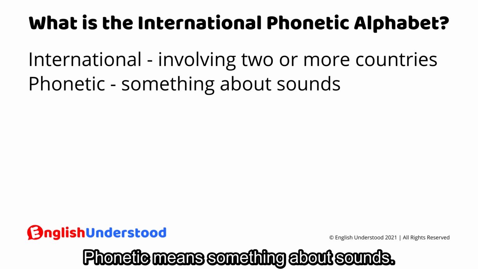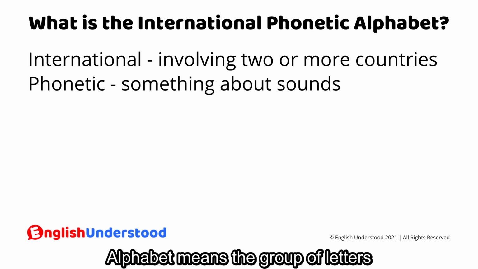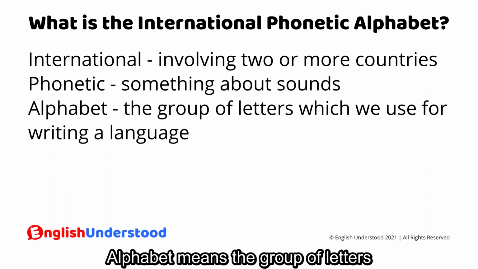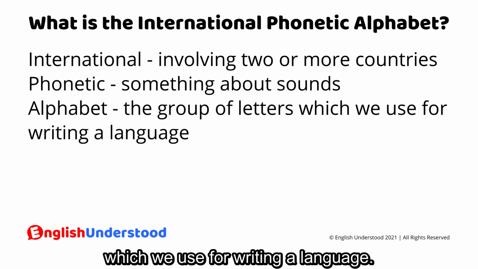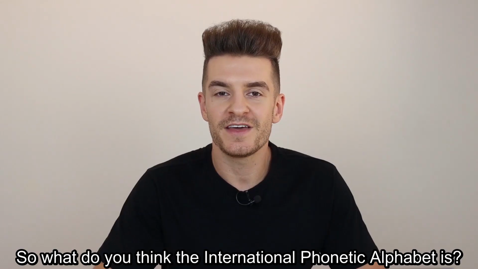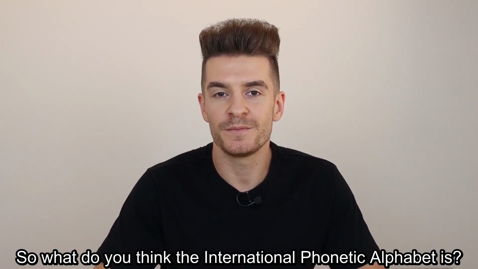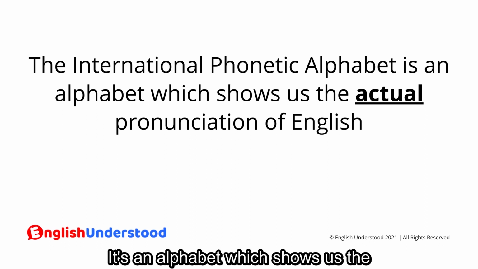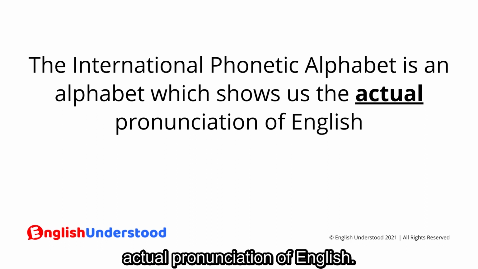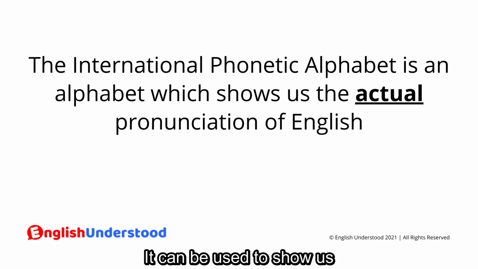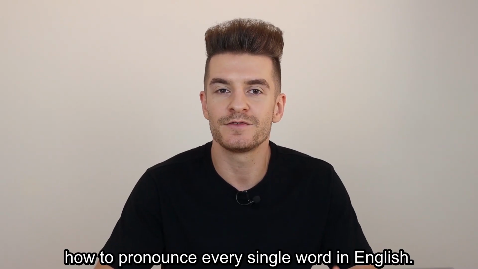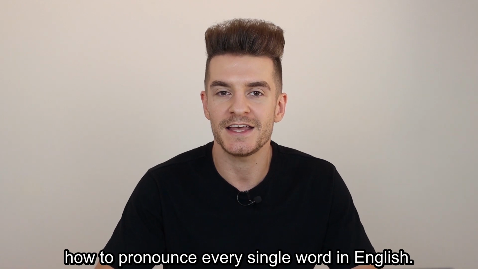Phonetic means something about sounds. Alphabet means the group of letters which we use for writing a language. So what do you think the International Phonetic Alphabet is? It's an alphabet which shows us the actual pronunciation of English. It can be used to show us how to pronounce every single word in English.